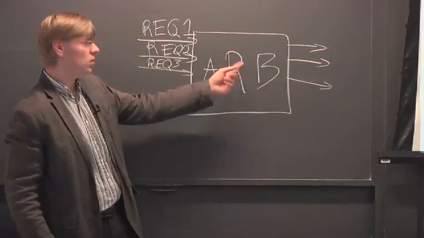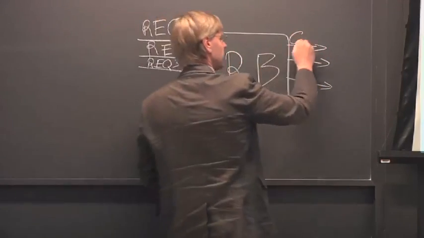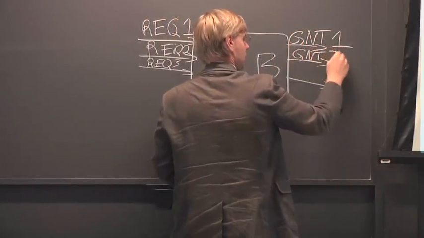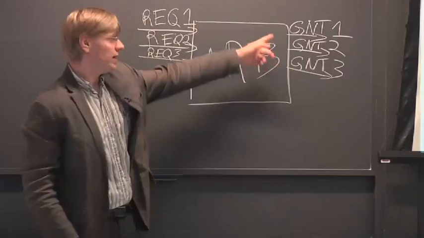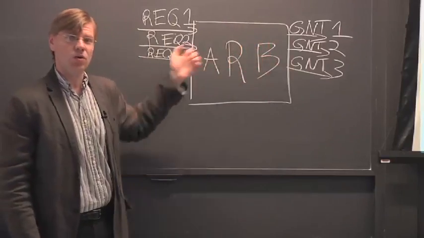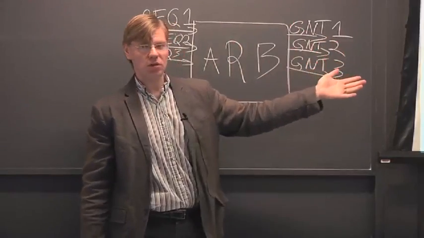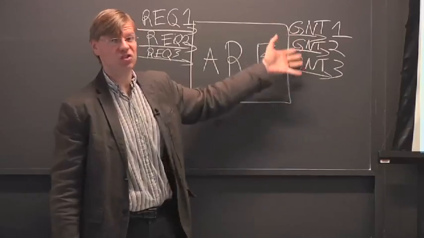And then it will tell only one of the entities on this bus with a grant signal. There are three grant signals here. It'll only assert one of these grant signals and make a decision and say, processor 1 wins or processor 2 wins, depending on which wire here gets asserted.